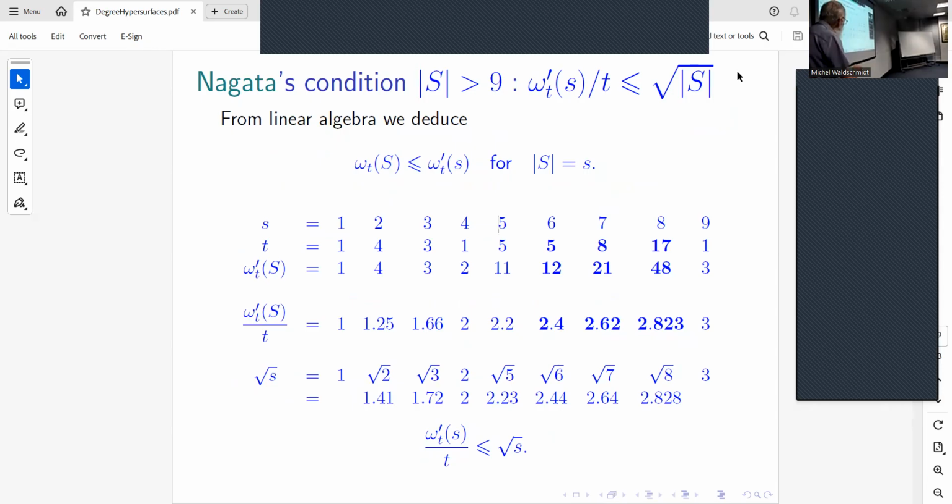And what you see is that the non-trivial values 5, 12, 8, 21, 17, 48 are exactly the same as for omega t, which means that very likely what Nagata did is to compute omega prime, because it's just linear algebra, and he looked for all the values of s up to 9, what is the best omega prime, and he found that the quotient omega prime of t is small only for these values.